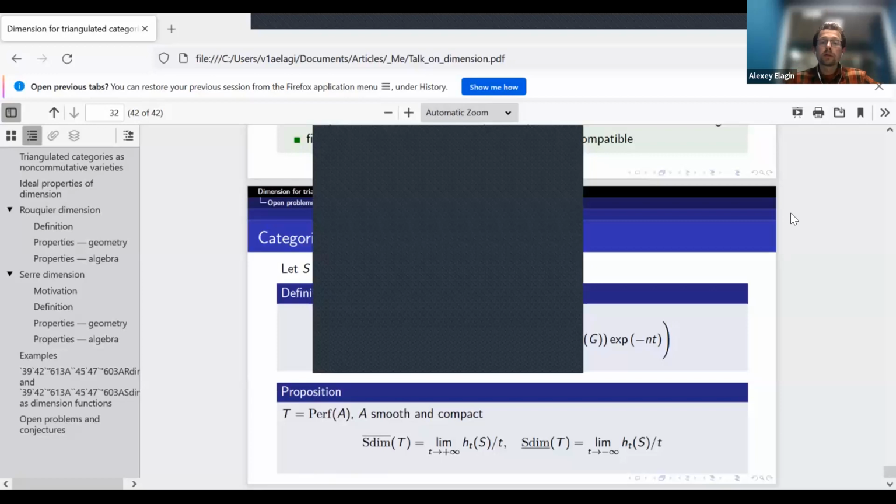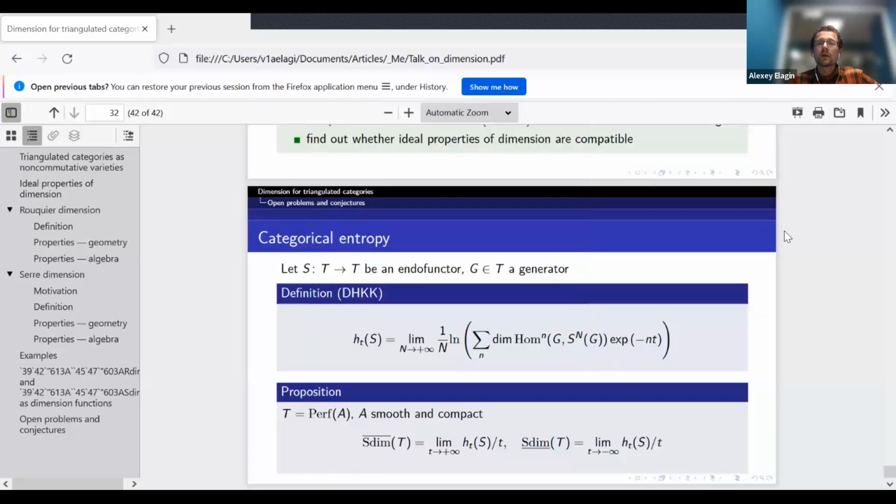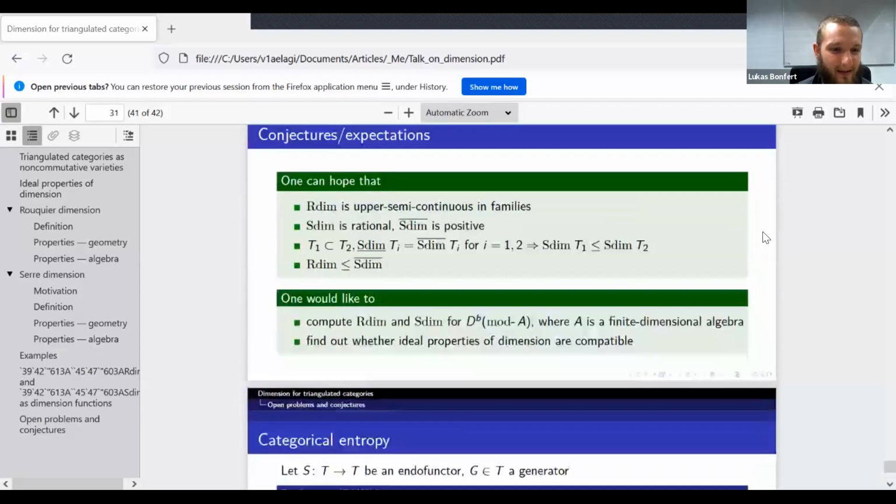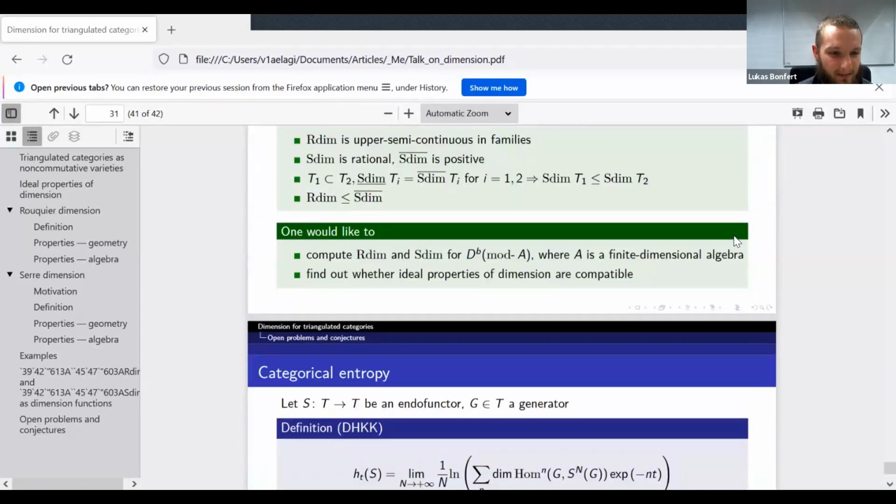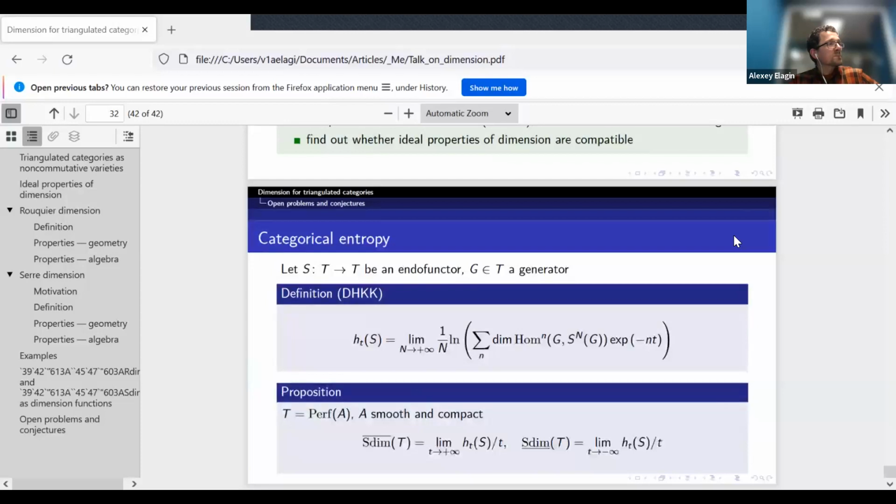How are they related to T structures? I know you didn't mention T structures at all, but that's just something that I thought could be related somehow. I only can say that there are some other notions of dimension that are using not T structures but stability conditions.